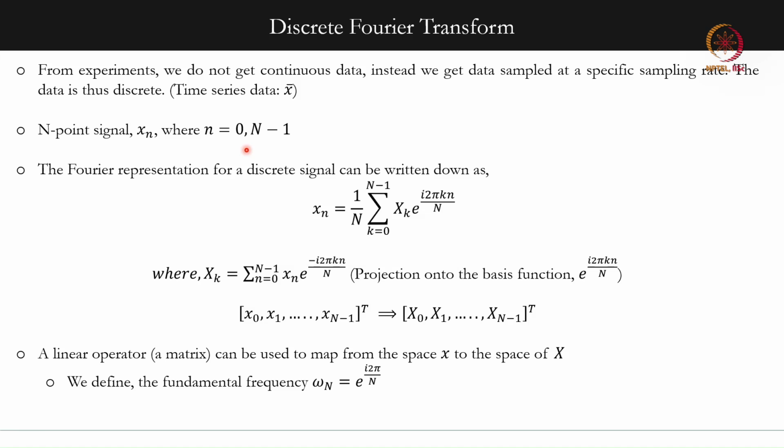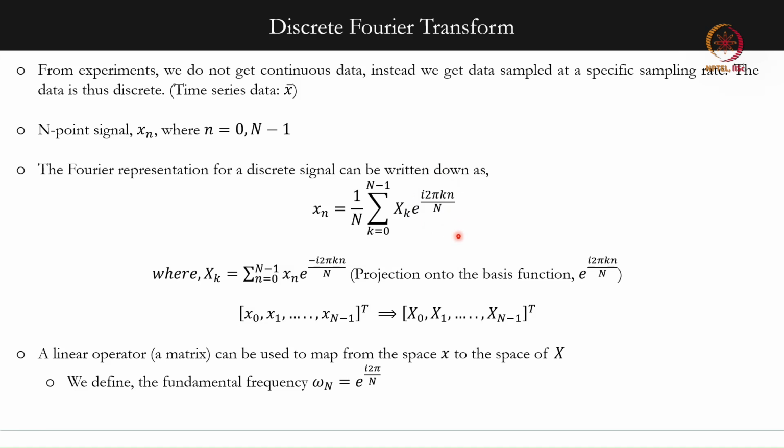So using the same method as what we studied before, this f of t here becomes a data vector x. So here x_n is expressed as a linear combination of these basis functions, which are of the form e to the power of i 2 pi k n by N.